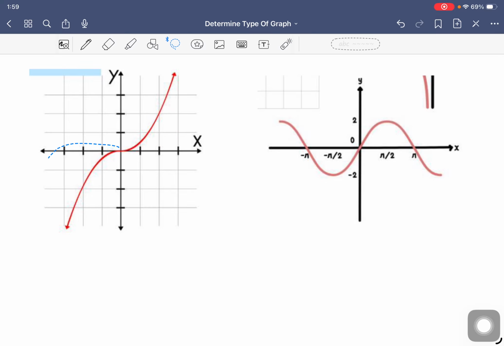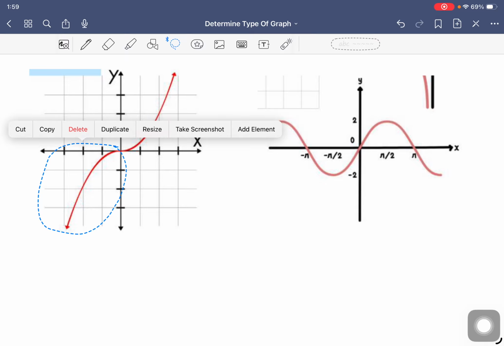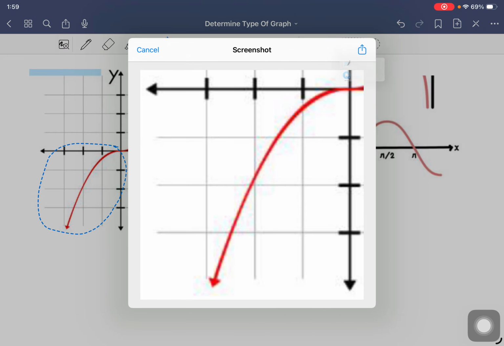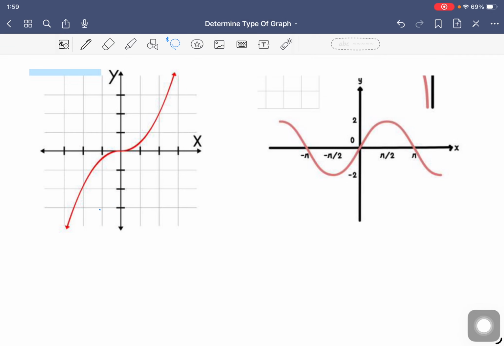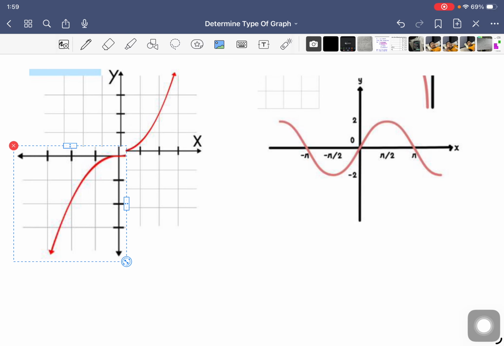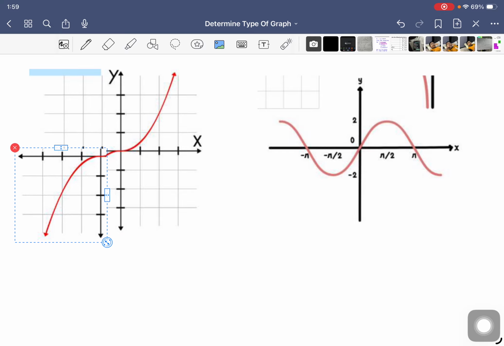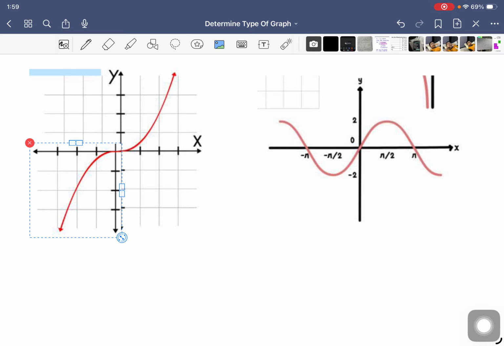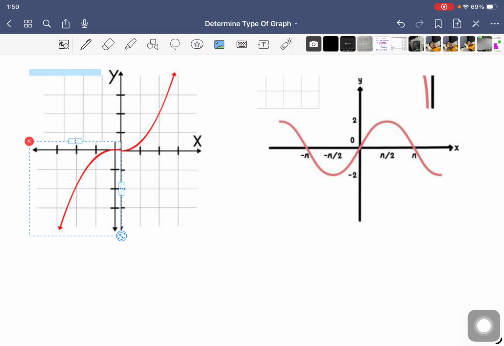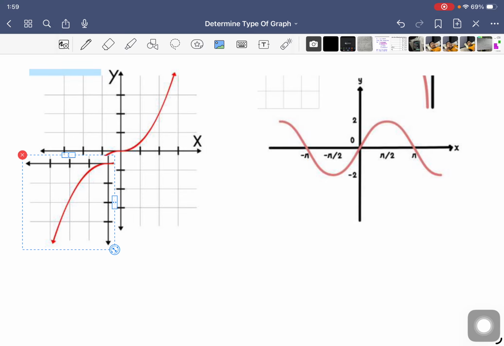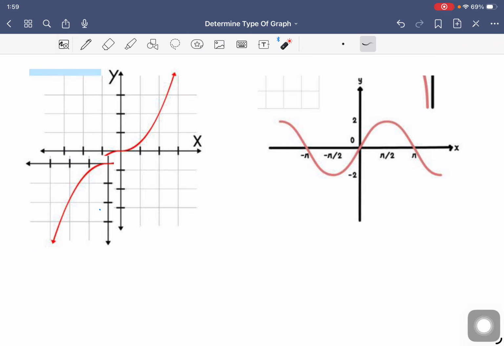Okay, so let's say I crop this one. So this is your graph on the left hand side. We want to see the transformation or the symmetry about the origin, whereby your origin is in the middle here. I make it in blue color.